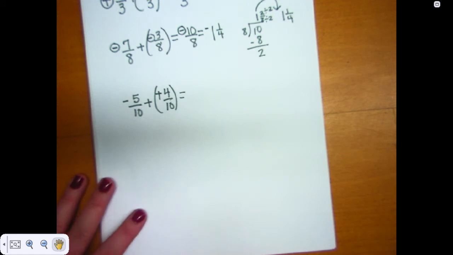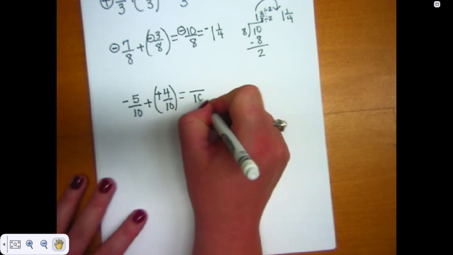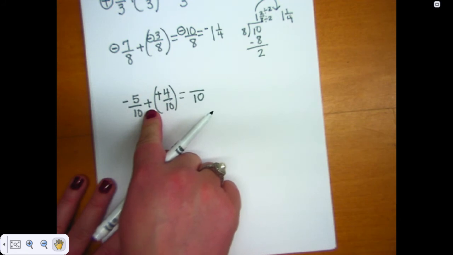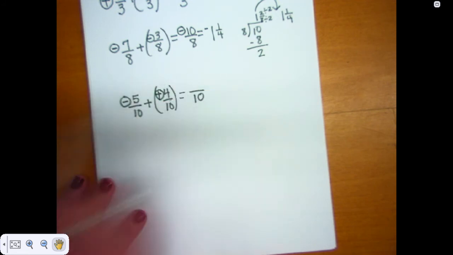So I see that I have fractions. So the first thing I'm going to check is, are my denominators the same? They are, so I'm just going to bring them straight over. Now, I see I have negative numbers here, so I need to check, is it addition? It is, so I'm going to check my signs. One is negative and one is positive.